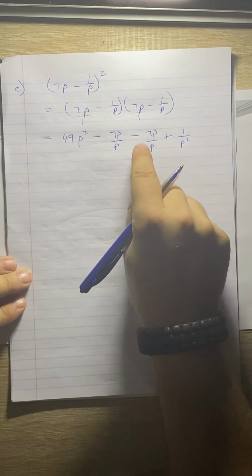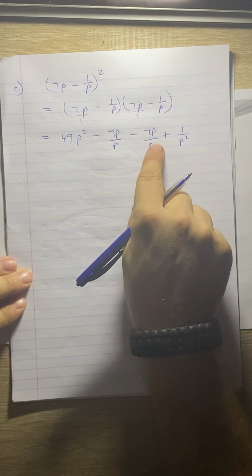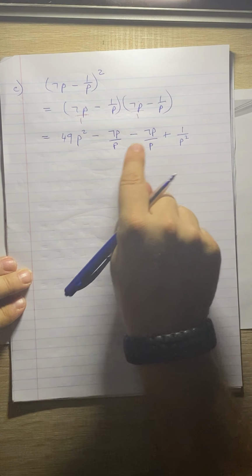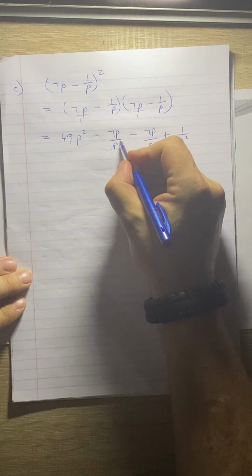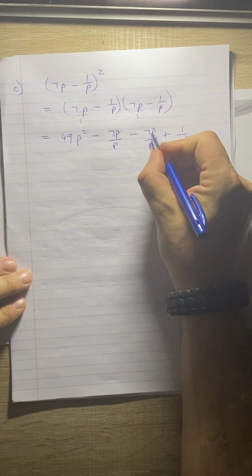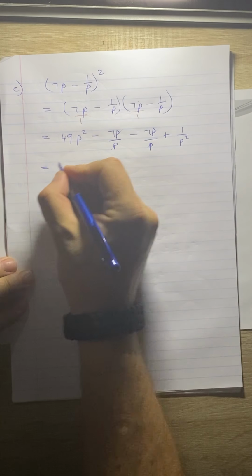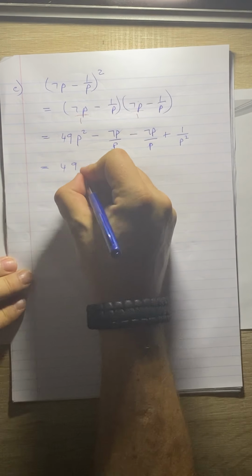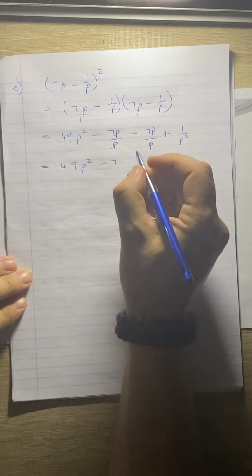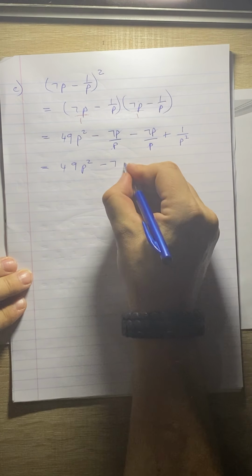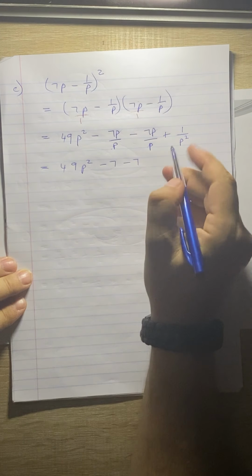All right. Now, what I can do with these two here is I can simplify these two inner terms. For example, the p will cancel with the p, and we're just left with minus 7 and minus 7. So I'm just going to simplify that to be minus 7 for this one, and then minus 7 for that one, because the p's cancel.